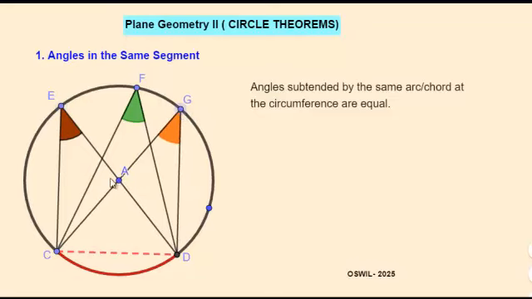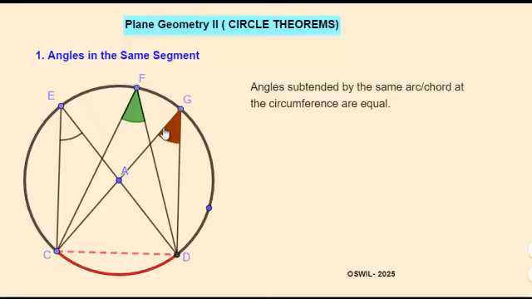Good. Same thing to angle CGD. And let's see if the angles would still be the same. Look at it well. You see they are the same. Let's move it to the last one and see if they are also the same. Good. So it doesn't matter where any of the lines would pass.